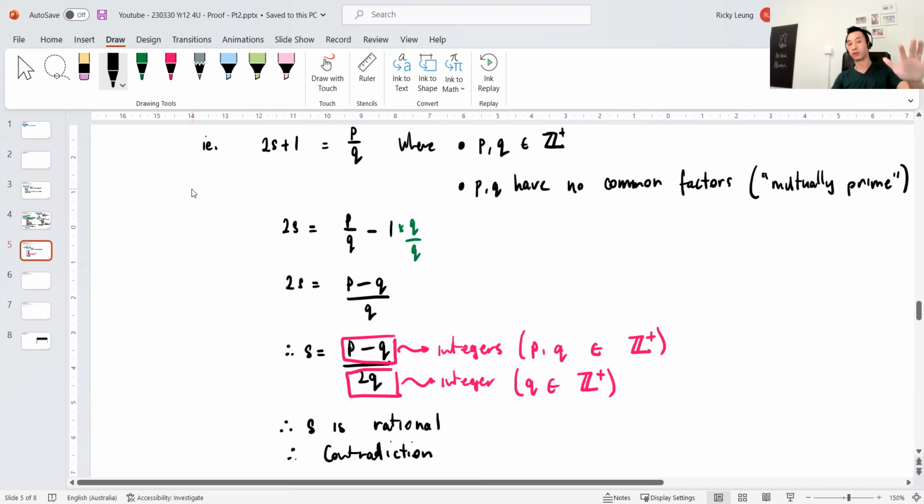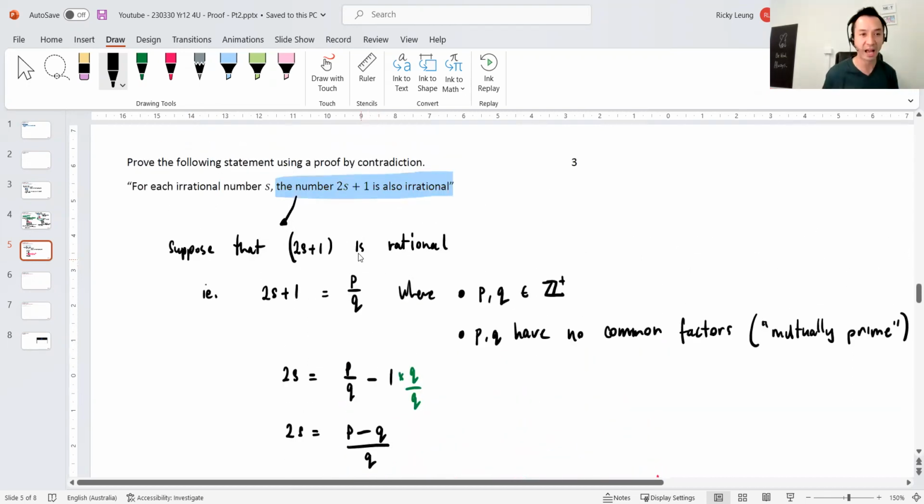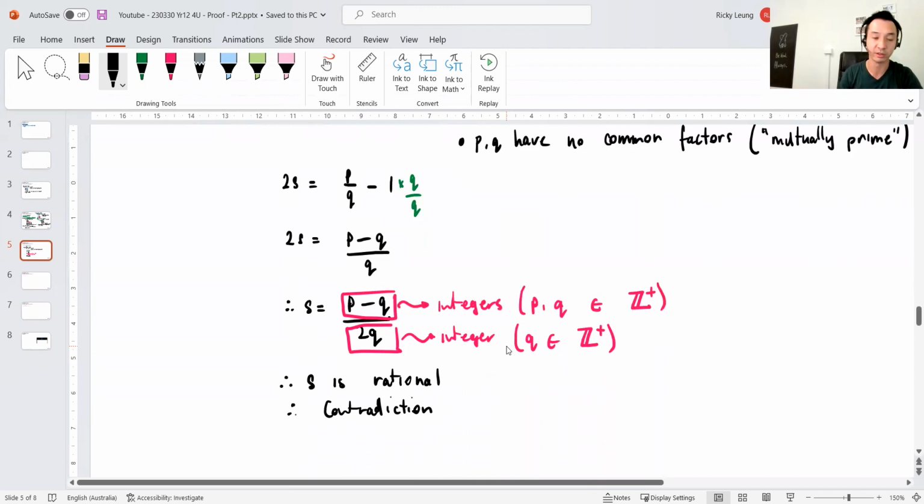Because the question above had for each irrational. So if I assume the second part is the opposite, it proved that S was rational, which is the opposite of the whole thing. So therefore it's a contradiction.